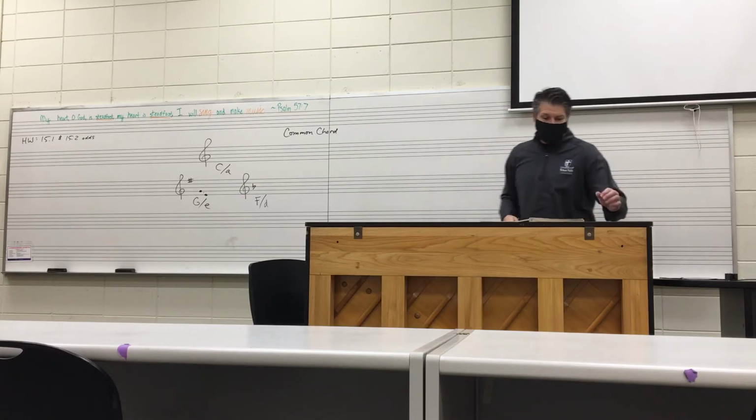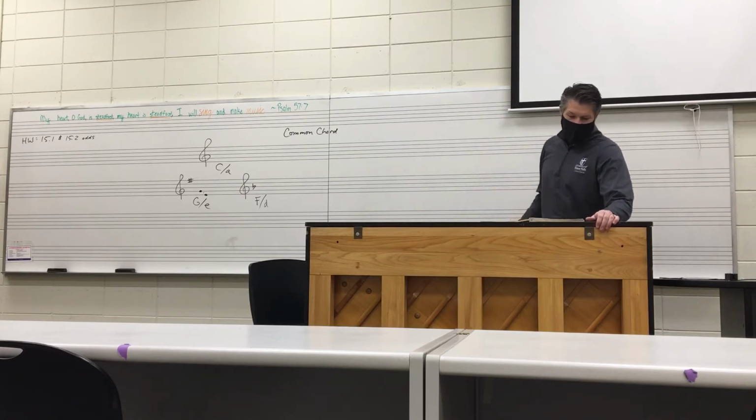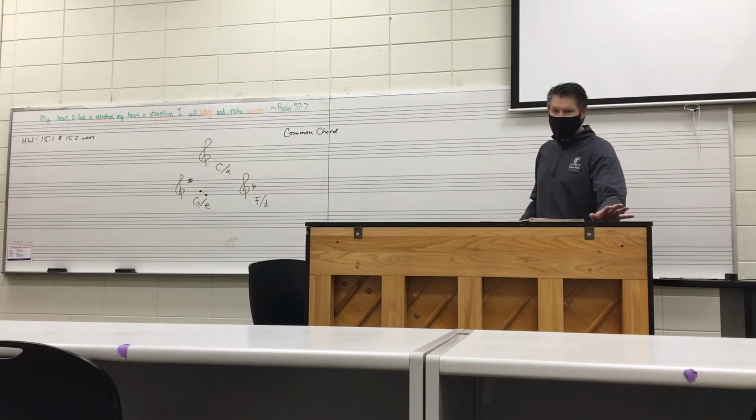So we have 2 sharps in the key signature. We get to measure 6, and the composer adds a G sharp, first in the bass clef, then in the treble clef. That's kind of a tonal center shift.